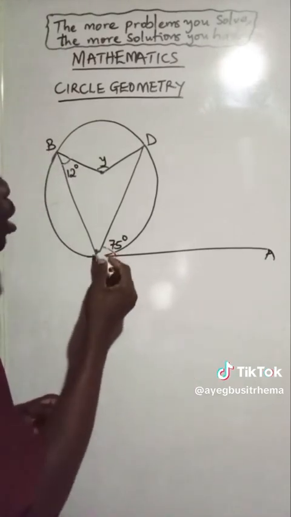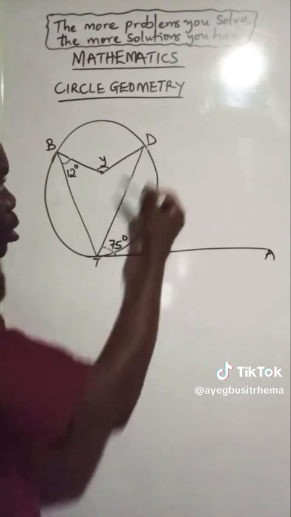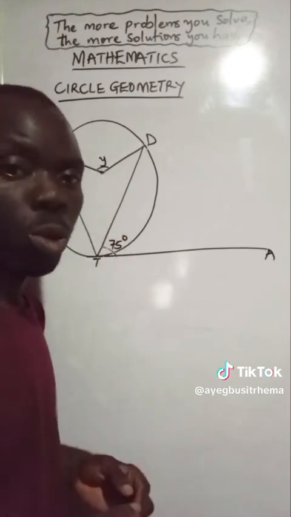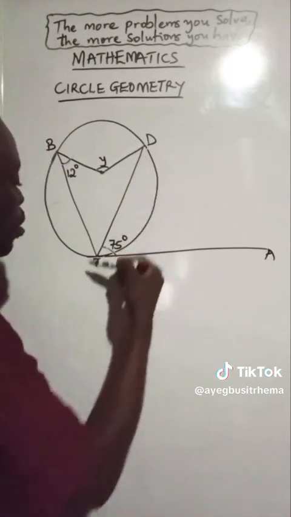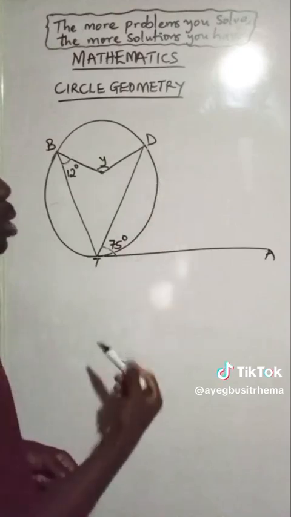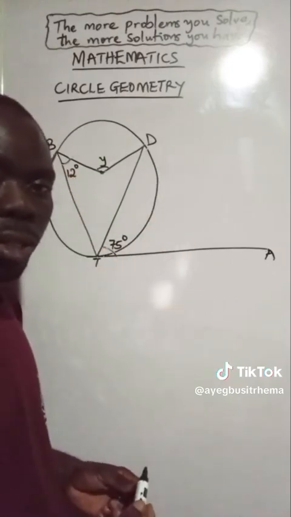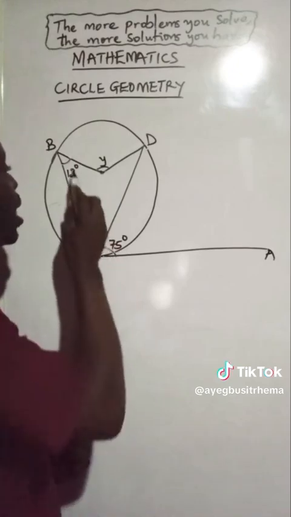This is the chord. Remember, a chord is a line that divides a circle into two, but not into two equal halves, unlike a diameter. You can say DT is a chord, or TD, and BT or TB is a chord. Alright? So this angle is equal to the angle in the alternate segment.